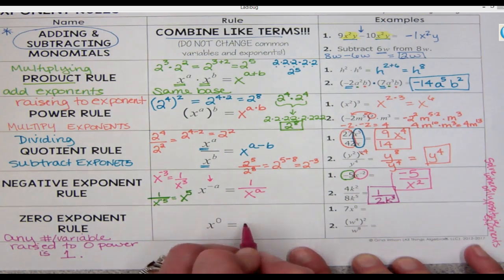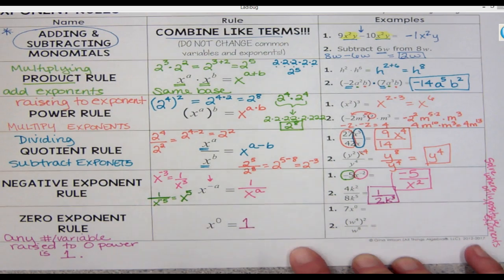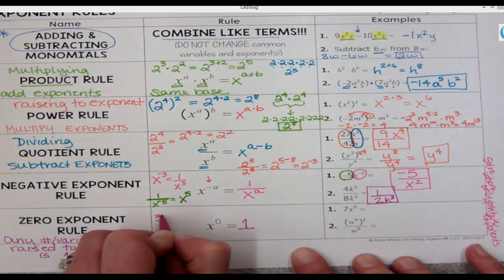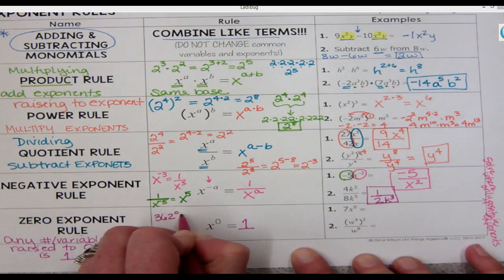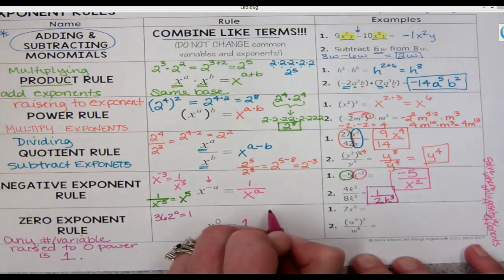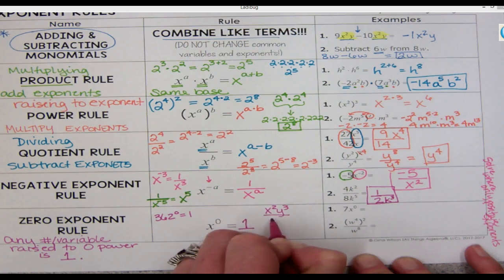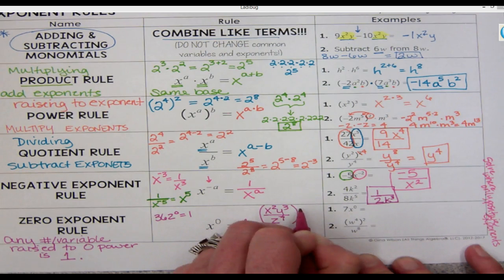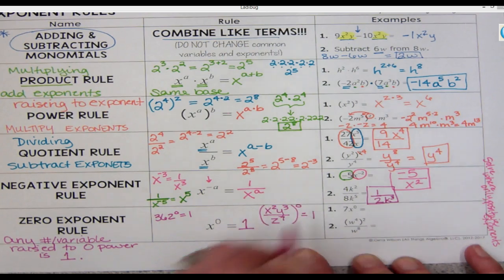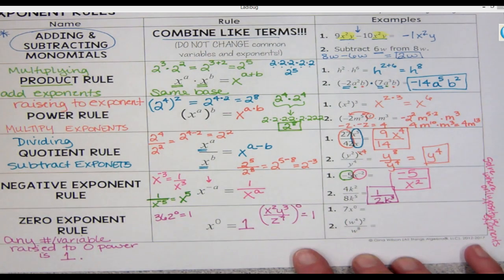Whatever is raised to the 0 power equals 1. That's all there is to it. It does not matter. 362 raised to the 0 power is 1. X squared y cubed over z to the 7th, all raised to the 0 power, equals 1. It does not matter. Anything raised to the 0 power is going to be 1.